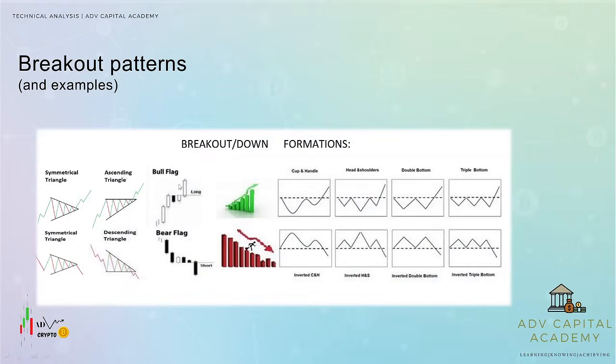We have different patterns, and I'm going to talk about each and every one of them. We have the symmetrical triangle, ascending and descending triangles. We have bull and bear flags, cup and handle, head and shoulders, double bottom, triple bottom, and etc. I'm going to explain this with a tennis ball example.